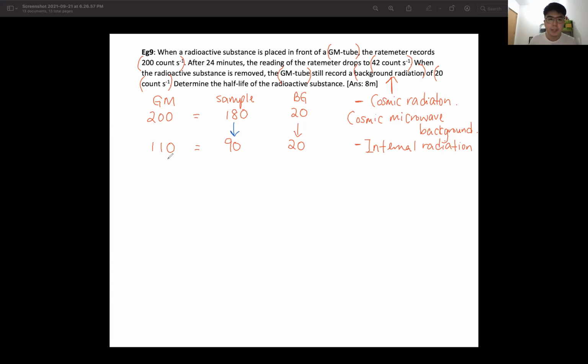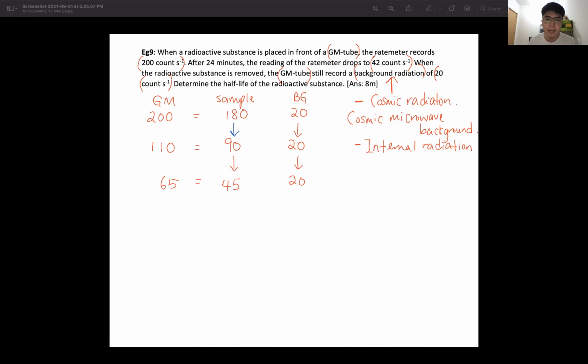Okay, 110. Now, continue. 1 more half-life. Then this drops to 45. This remains 20. And then the reading of the GM is 65. We keep doing this until, what is the question? The reading of the rate meter drops to 42 counts.